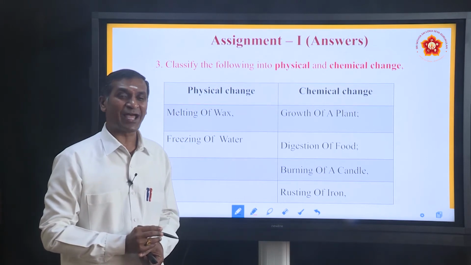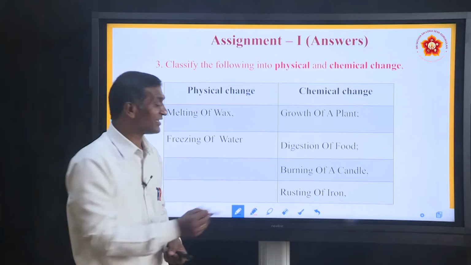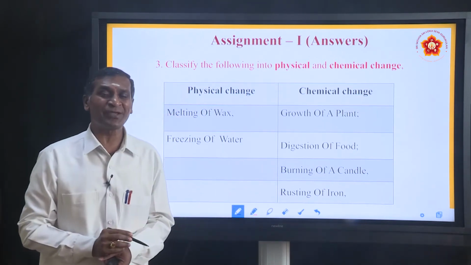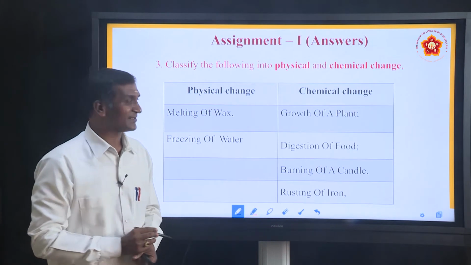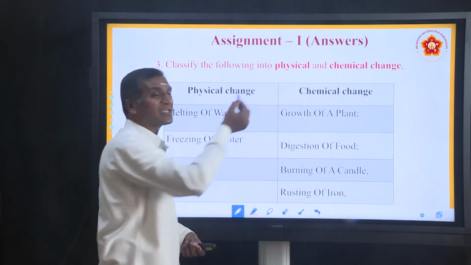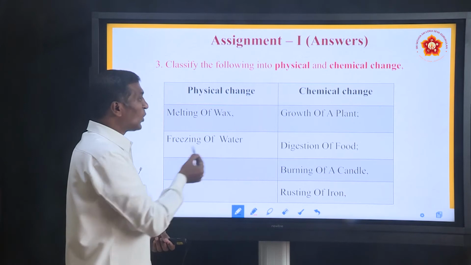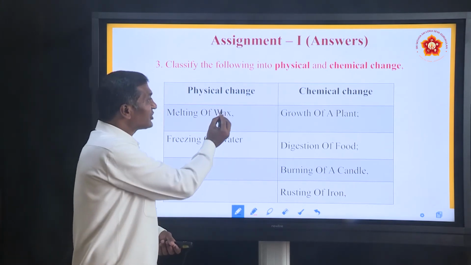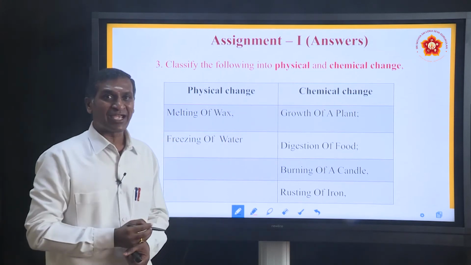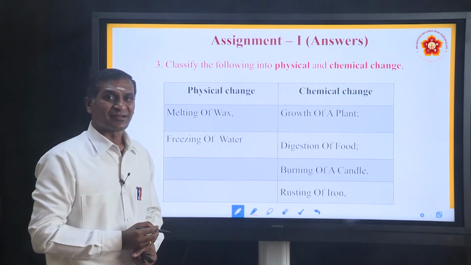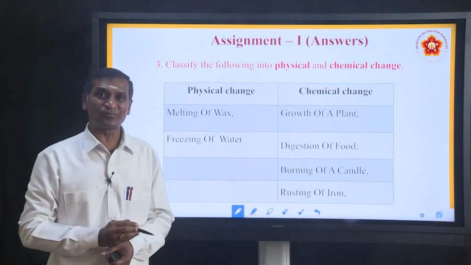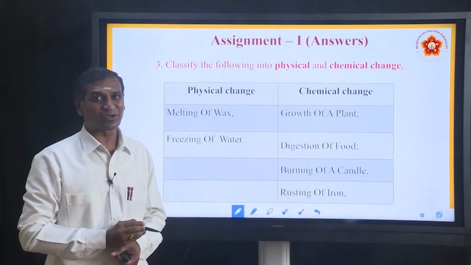We can't get back the original iron when the iron gets rusted. So, the originality cannot be regained. We call that a chemical change. So, hope all the students have written the physical change and chemical change examples by classifying them to which change they belong to.